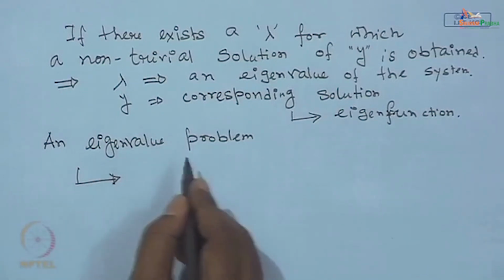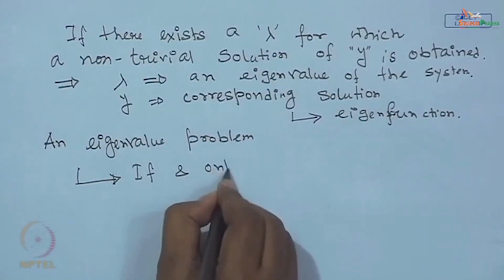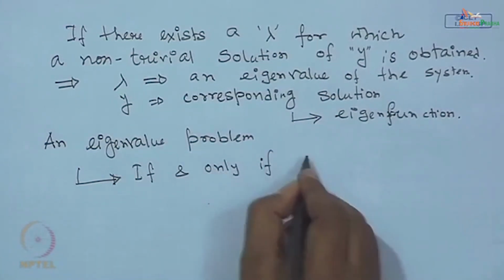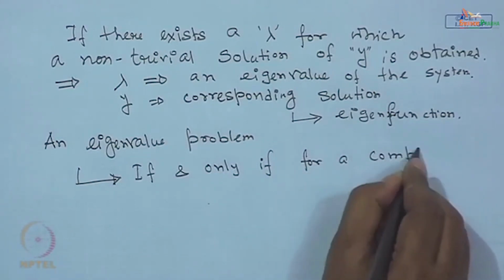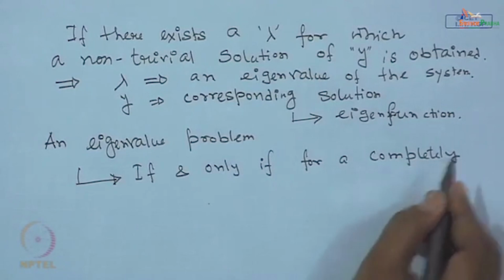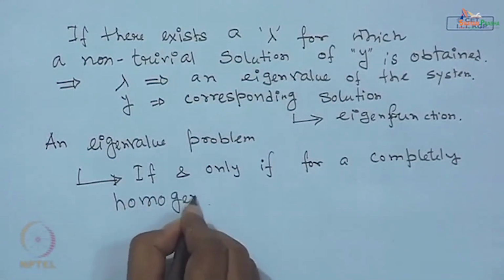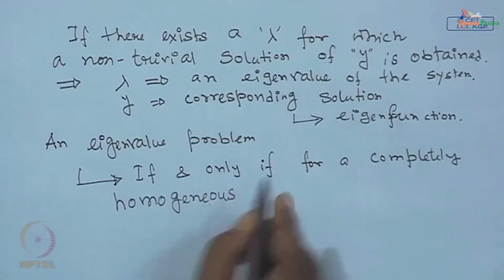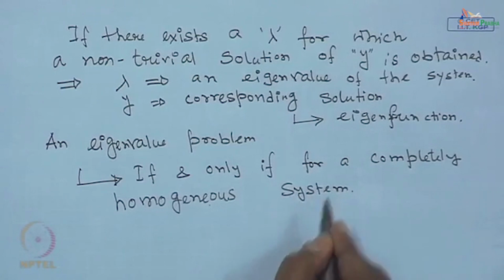We can formulate an eigenvalue problem if and only if we have a completely homogeneous system. What do you mean by the homogeneous system?